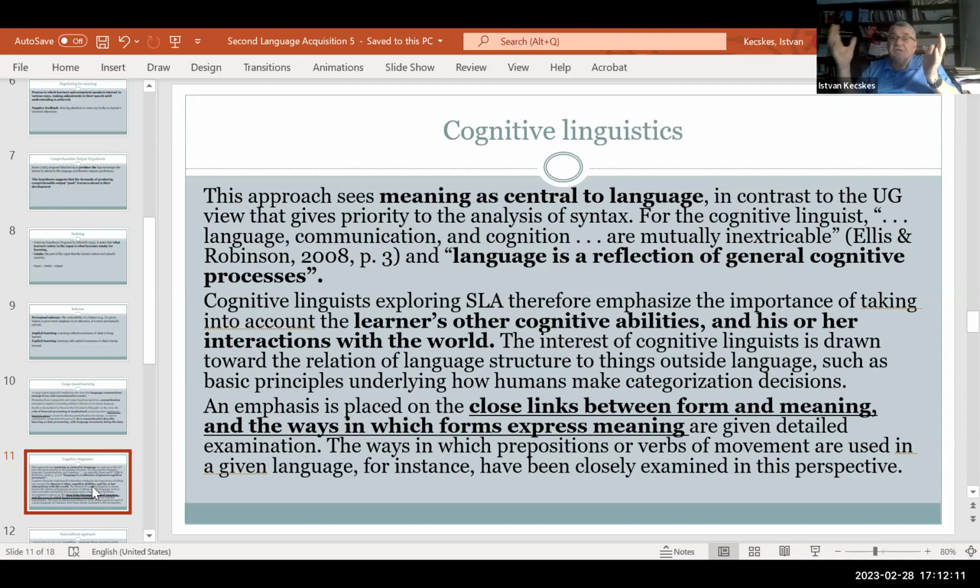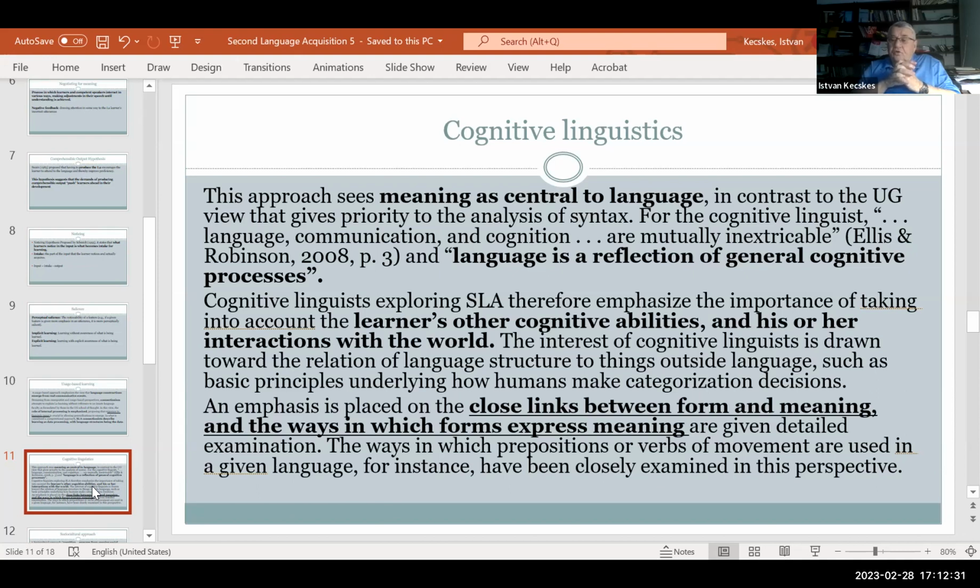So language is an essential part of the cognitive system. And after all, everything that happens in language is connected with everything else that includes the learner's cognitive abilities.